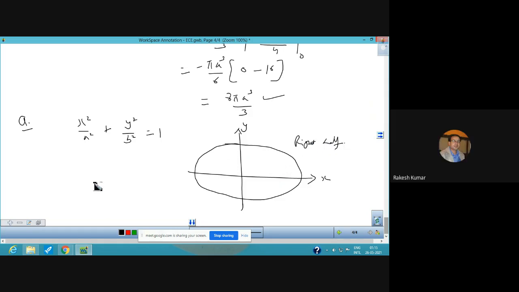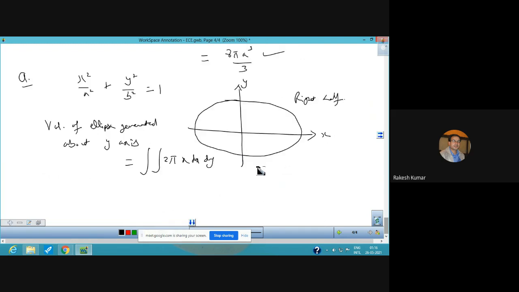So we take the volume of the solid generated by the ellipse about the y-axis, and the formula for computing the volume is 2 pi x dx dy. This is the formula for computing the volume about the y-axis. Now we can get the limits from the equation of the ellipse.